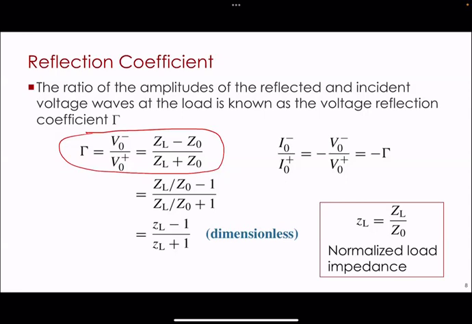Now, if you had active circuits involved, like transistors and all that kind of stuff, well, then all bets are off. You can have negative resistances and you could be adding in power from DC sources and all that stuff. But everything we're dealing with is just passive, meaning no power sources, just resistors, capacitors, inductors, that kind of stuff. Our reflection coefficient will always be 1 or less, okay? The magnitude.